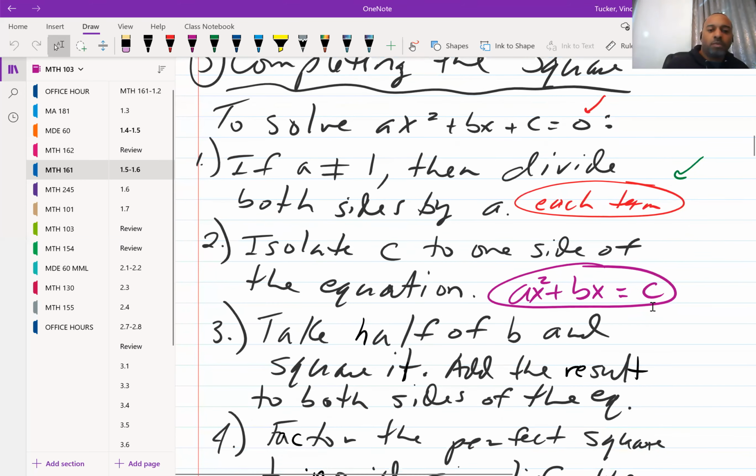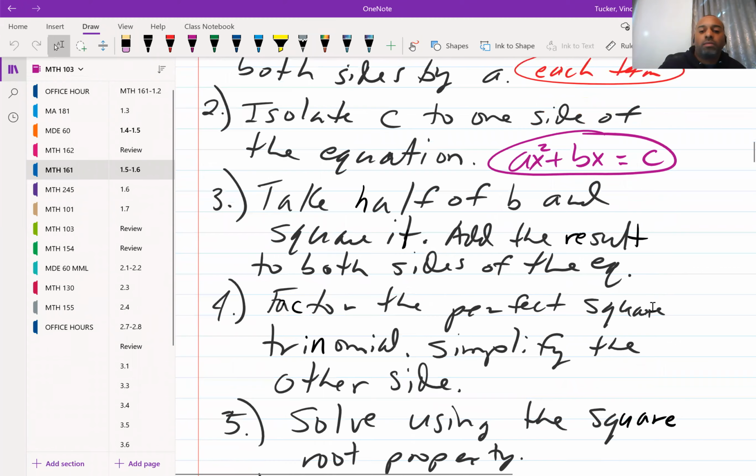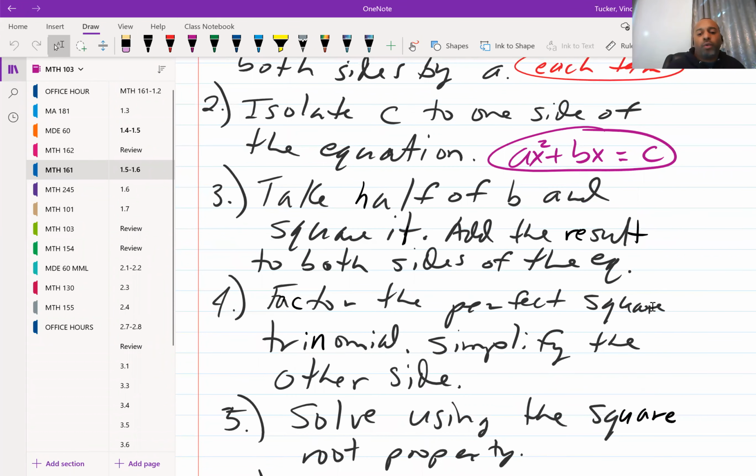All right, scrolling up some. So 4, we're going to factor the perfect square trinomial, simplify the other side. Five, we're going to solve using the square root property.